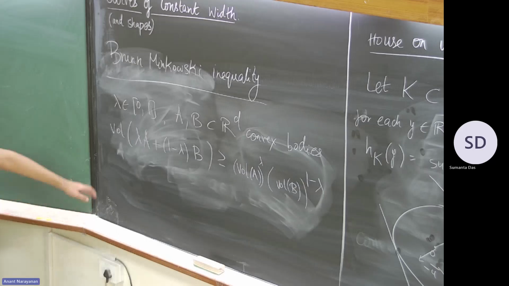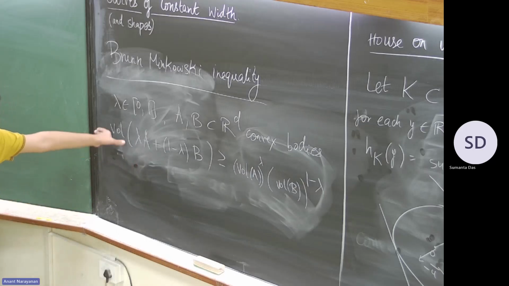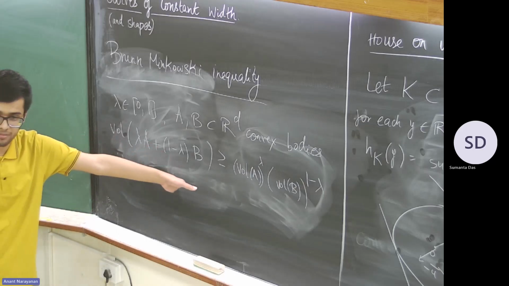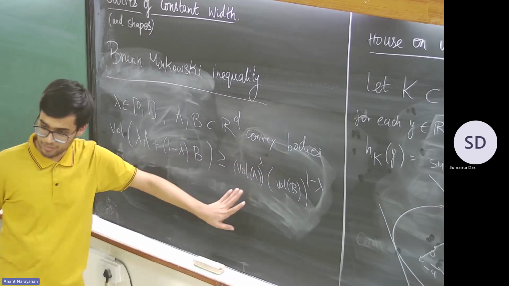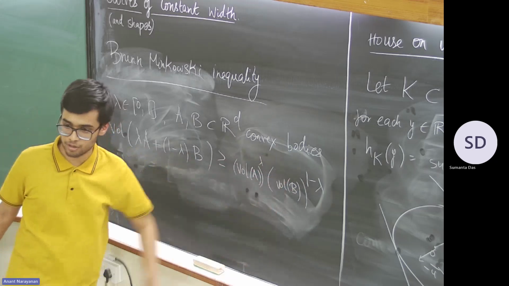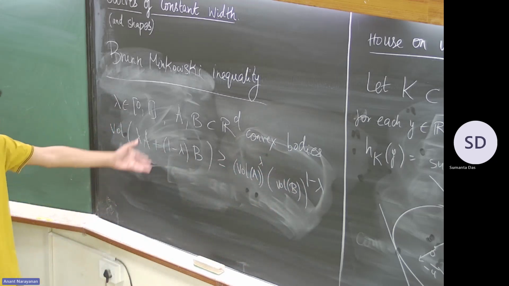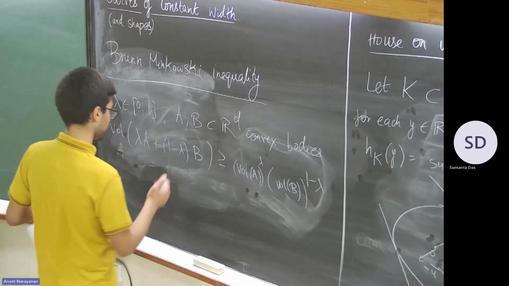What is the log concavity here? You take the logarithm on both sides: the log of the volume of lambda A plus (1 minus lambda) B is greater than or equal to lambda times the log of the volume of A plus (1 minus lambda) times the log of the volume of B. So the logarithm of the volume is concave.